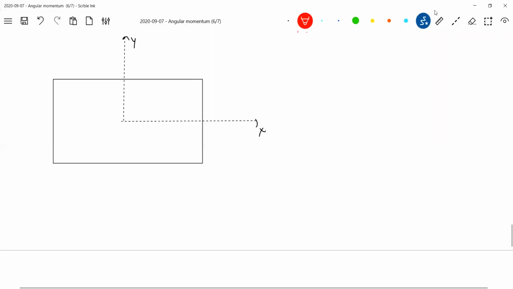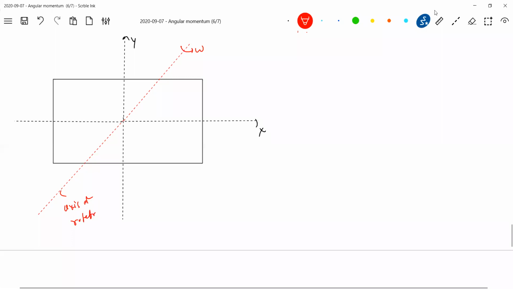Let me rotate about an axis. No, this is the axis of rotation.